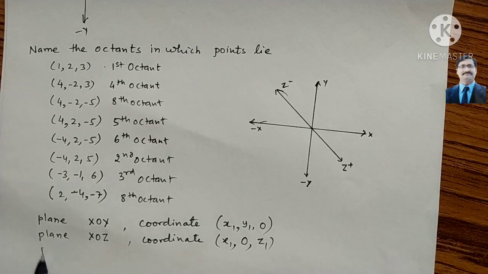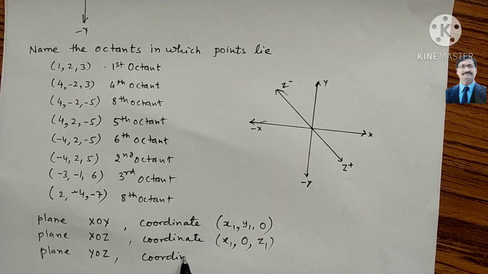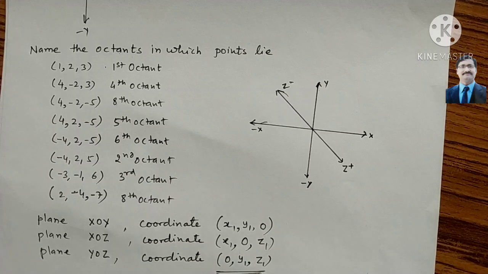Okay, similarly we will have the plane YOZ. Their coordinates will be that the x coordinate will be 0, and we will have only y coordinate and z coordinate. So we will have 3 planes in 3D: XOY plane, XOZ plane, and YOZ plane. Only these 3 planes we will have.